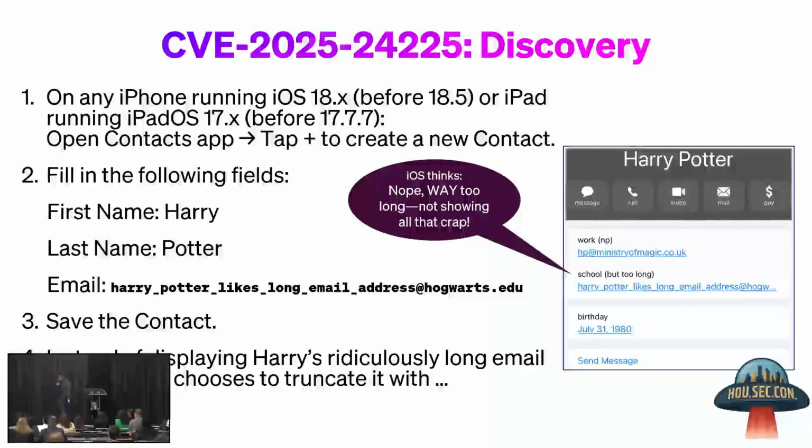Okay, so one interesting observation I noticed for the Contacts app is, if you had a really long email address, iOS would just truncate the display, so it would cut it off. So okay, what can I do with that?